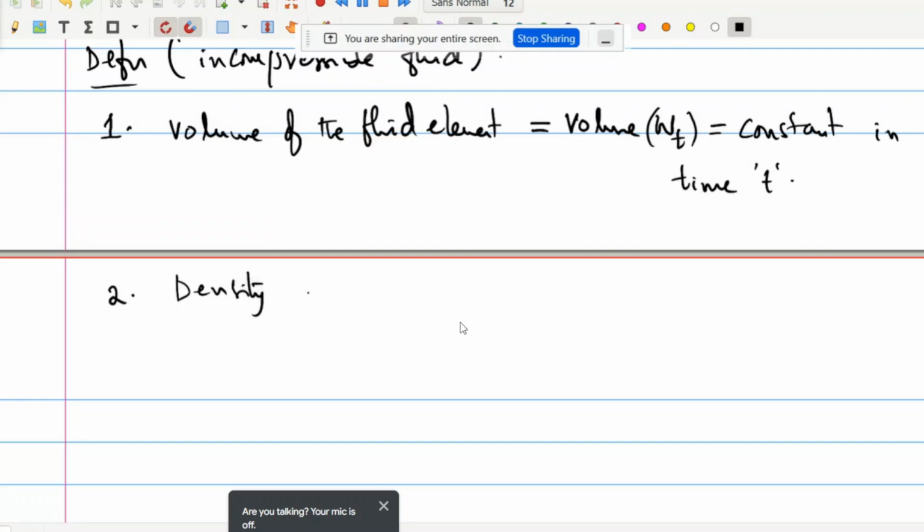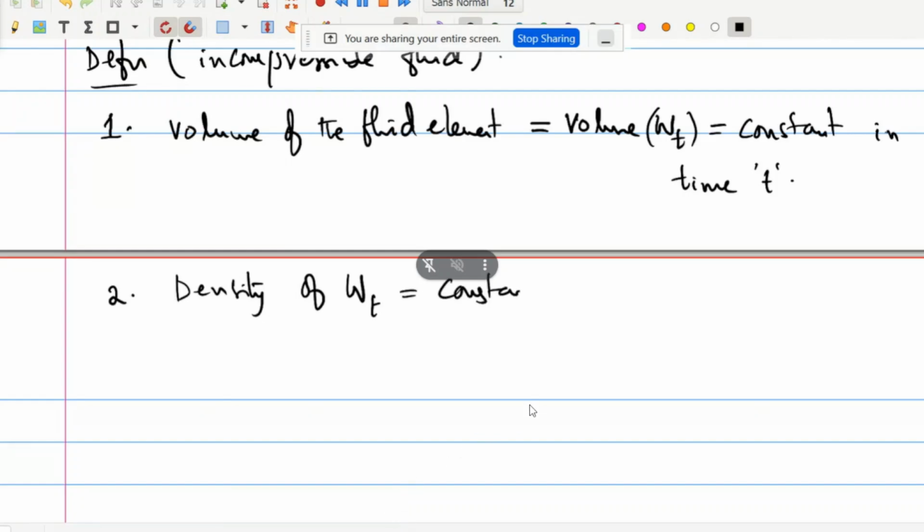Density of W(t) is also constant, right? That is rho is constant. So now we take d/dt of rho of x(t), y(t), z(t), comma t.